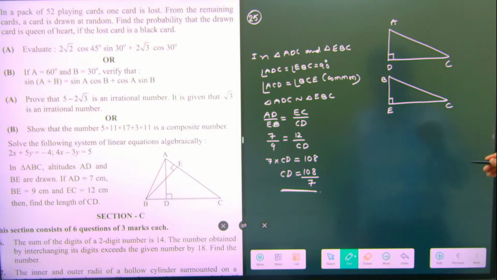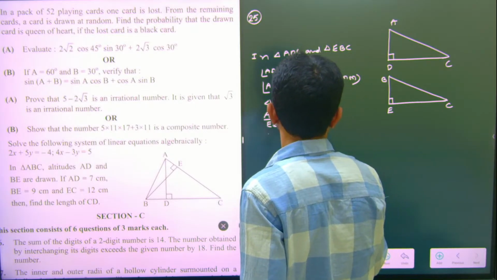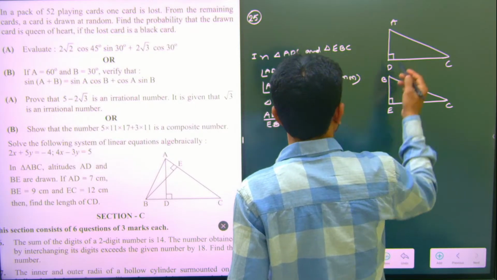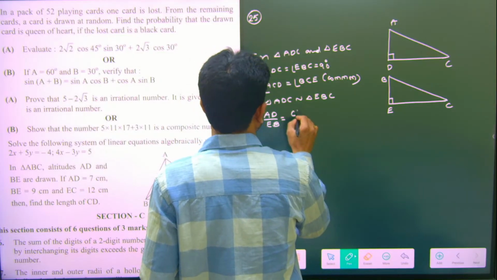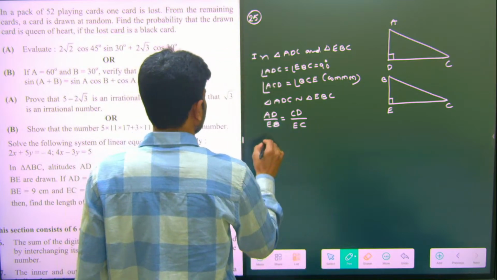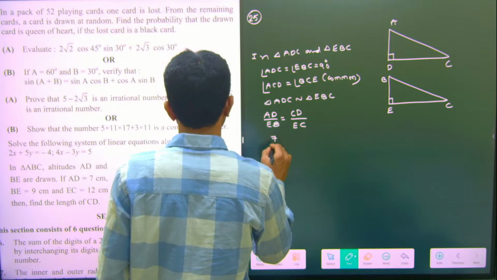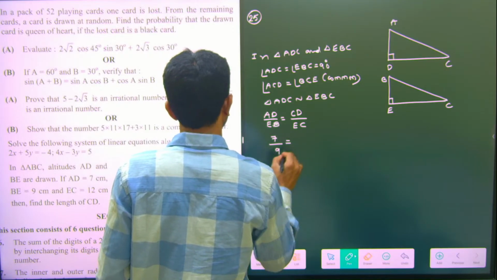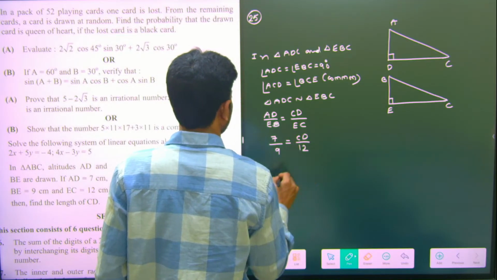AD by BE is equal to, oh, I took the ratio wrong here, one minute. When I take AD, CD I should take first. AD by EB is equal to CD by EC. Like this we have to take. So AD is 7 by 9 is equal to CD by 12.